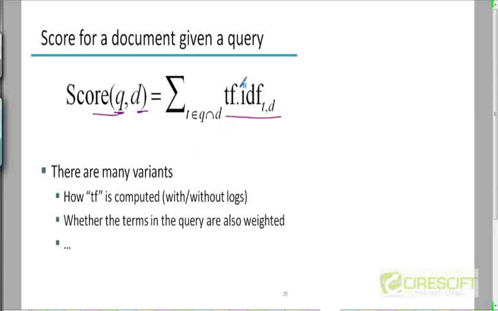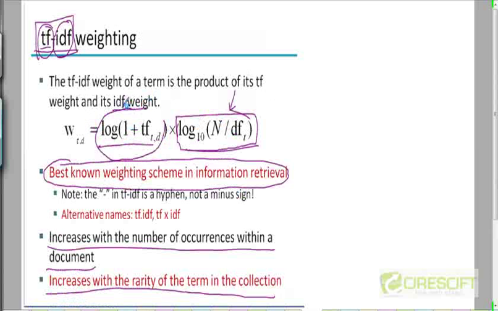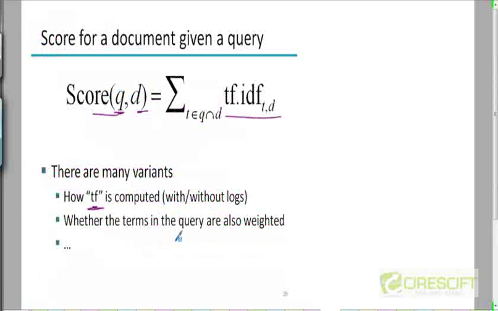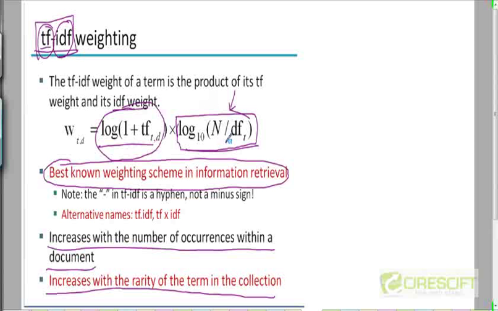And there are variants of the TF-IDF score, based on whether we just go with TF, or whether we go with 1 plus log TF, or we use some more complicated formula, as we discussed earlier. So the first component of this score can be expressed using different formulae. This is just one of them. Similarly, the second component can also be expressed in different ways.